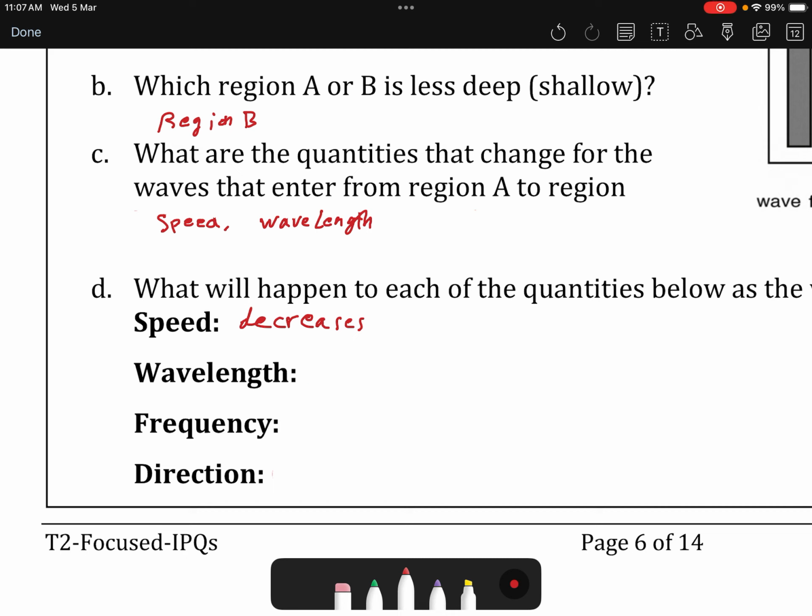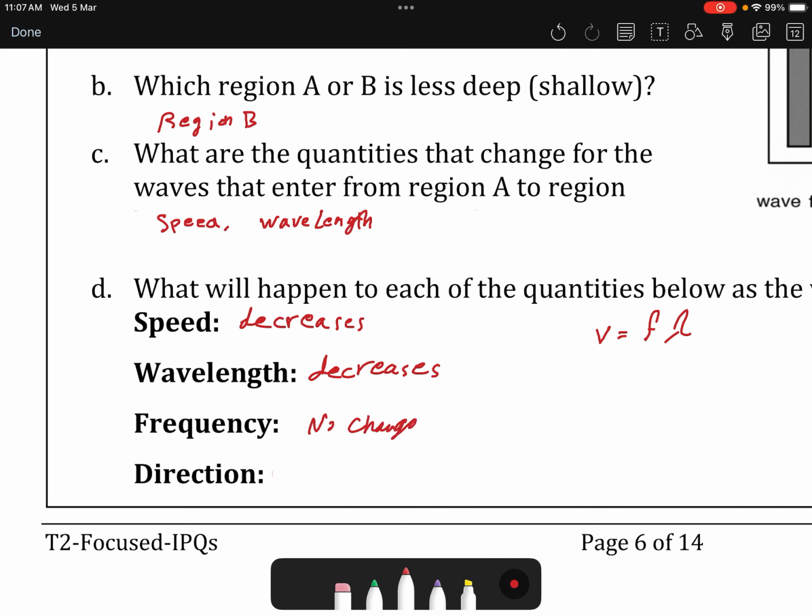The wavelength will decrease. Of course, if the speed decreases, the wavelength decreases, to keep this formula, we know that velocity equals frequency times lambda. So frequency is constant.